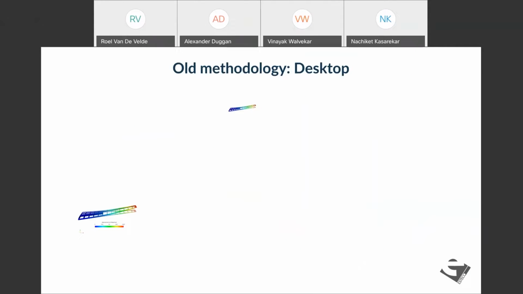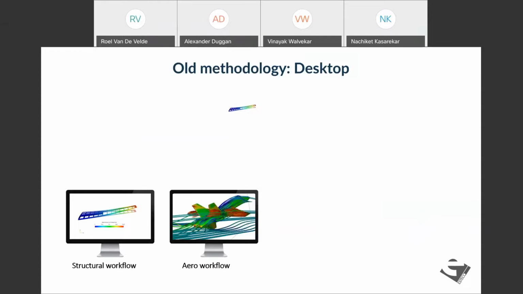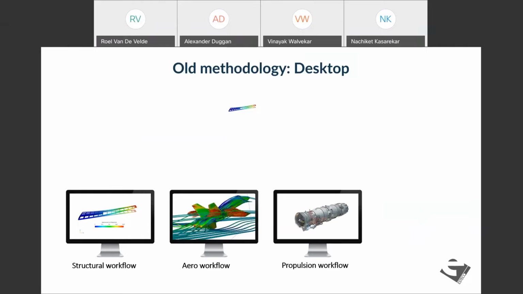Now, traditionally, when we are looking at a desktop application, we see typically the approach where the individual domain experts are working on their expertise. For example, you have a structural person who's working on the wing structure. You have the aero guy who's doing the CFD analysis.